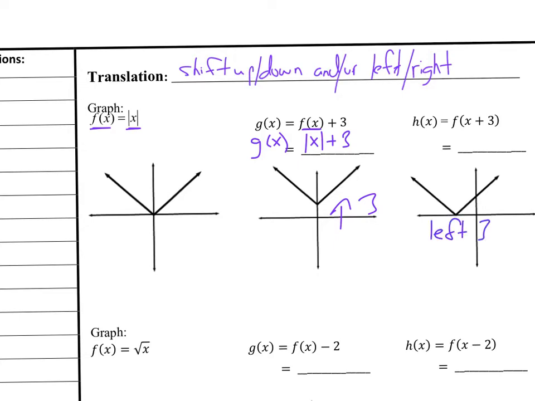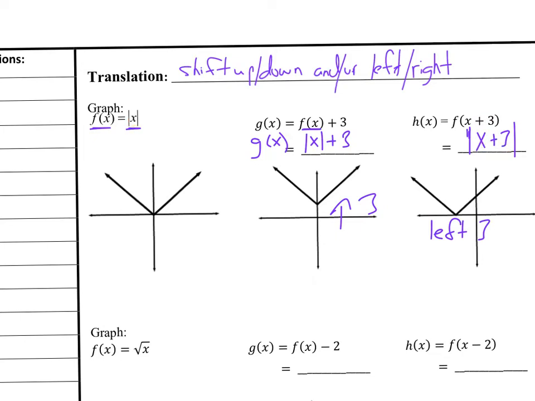So this is going to be the absolute value of x plus 3. We're replacing what was inside of parentheses. So it used to be just f of x, and then it became absolute value of x. But when you put x plus 3 inside parentheses, you have to put x plus 3 inside the absolute value, and there is our new equation.